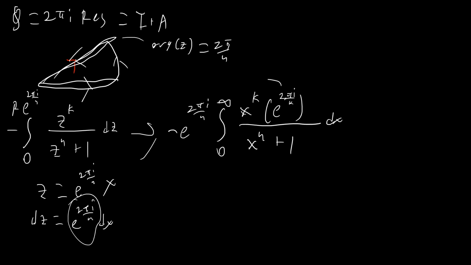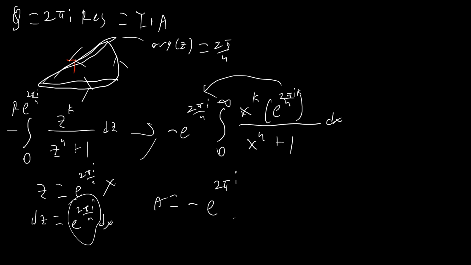And then if we bring this outside, we're going to end up with A equals negative e to the 2 pi i, oh, I'm sorry, I said 2 pi i over k. This should be 2 pi i over n times k, like that.